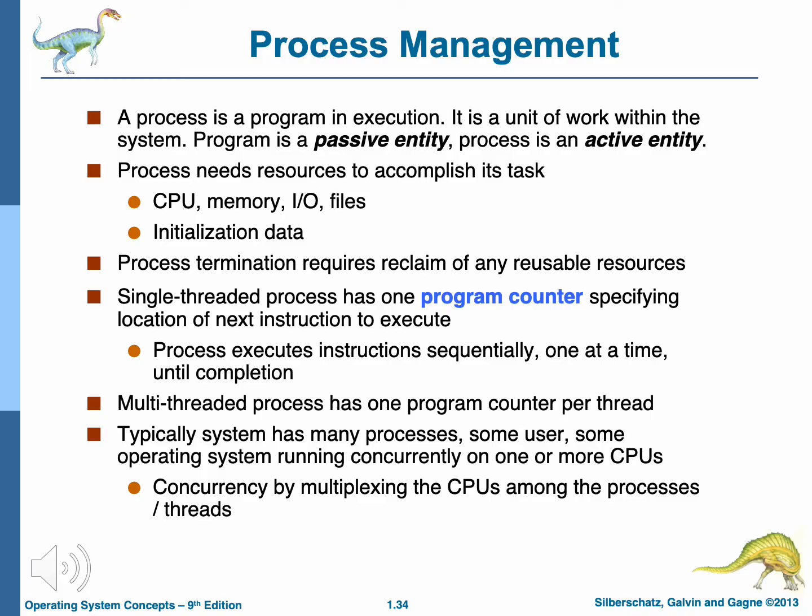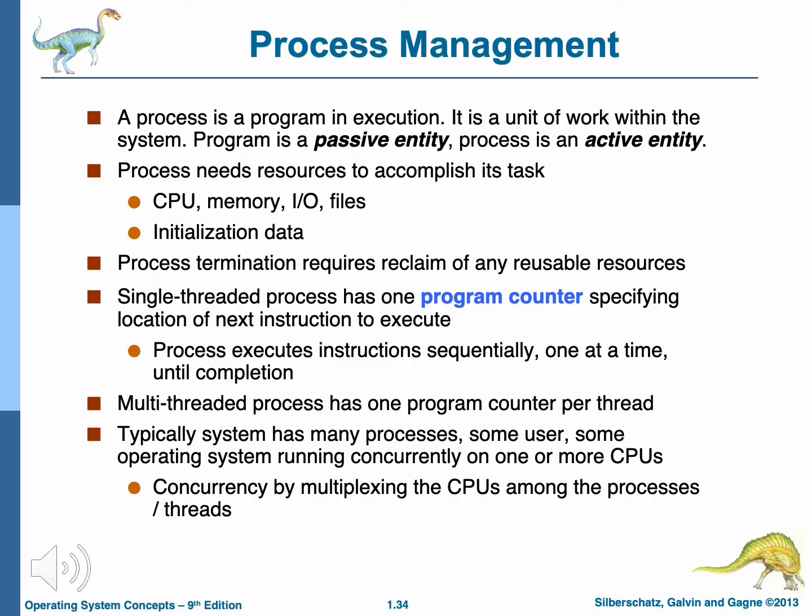A program is a passive entity, like the contents of a file stored on disk, whereas a process is an active entity. A single-threaded process has one program counter specifying the next instruction to execute. The execution of such a process must be sequential. The CPU executes one instruction of the process after another until the process completes.